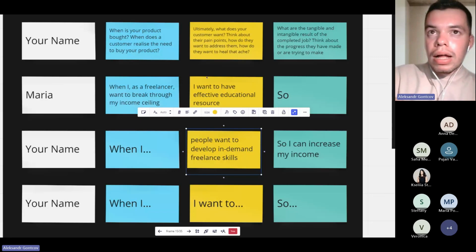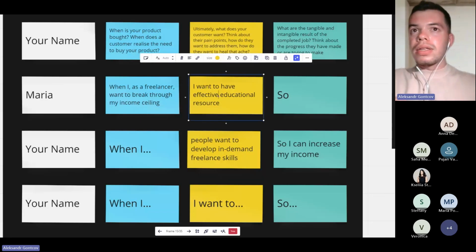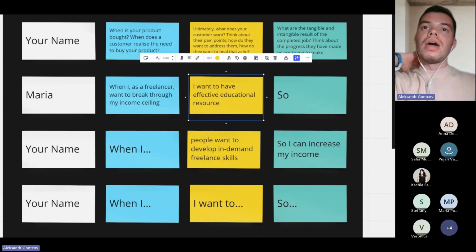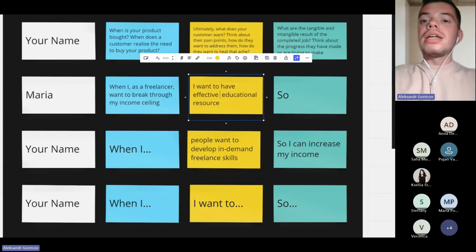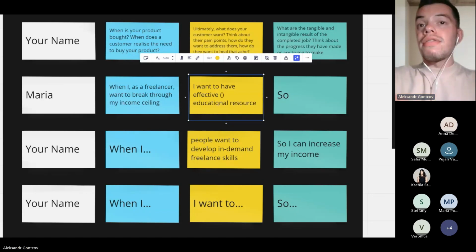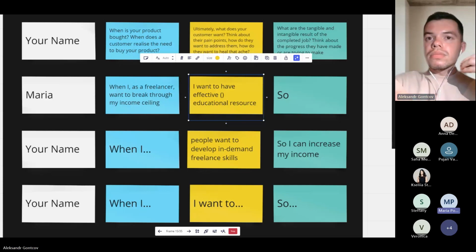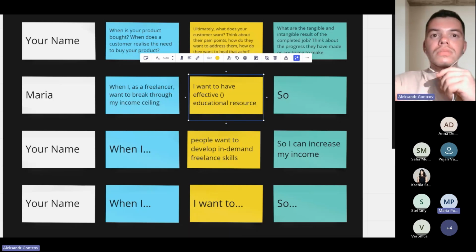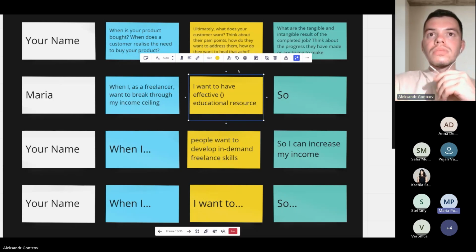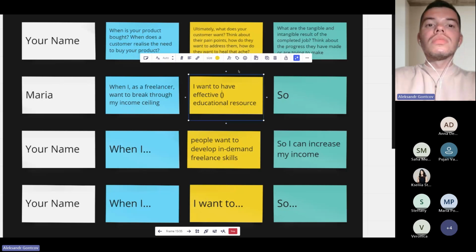Your card that is above this one, I want to have an effective educational resource. What I would suggest is again to define effective. What is effective in your opinion? I meant practical, so not just basic knowledge, but some practical skills that I can use.